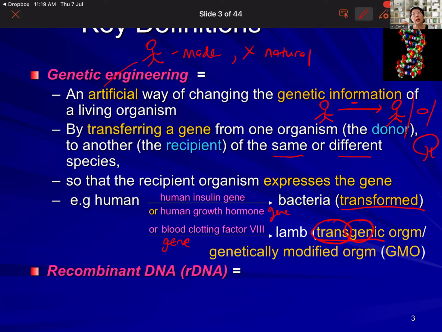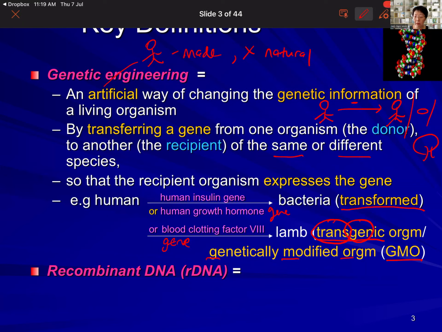Or the more familiar name that you know is genetically modified organism, GMO. We have already modified the genetic information of the organism by adding this foreign gene from the donor to the recipient.